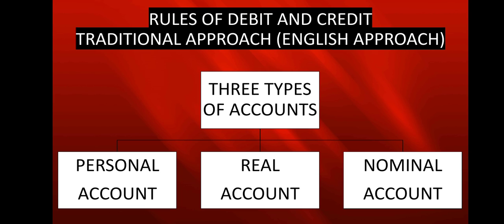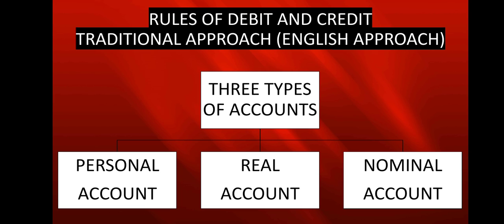There are types of personal account. You have the natural personal account, artificial personal account and representative personal account. When I give you all the examples, children, you all will know exactly what is personal account. For now, remember that personal accounts are those accounts that relate to a person with whom a concern is carrying out a business.